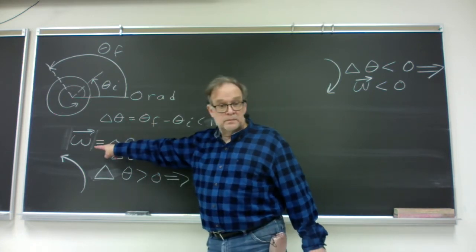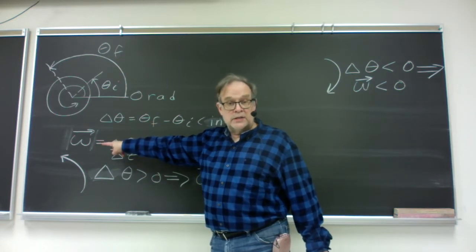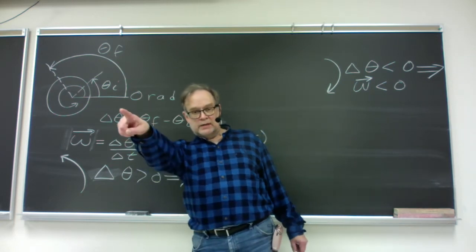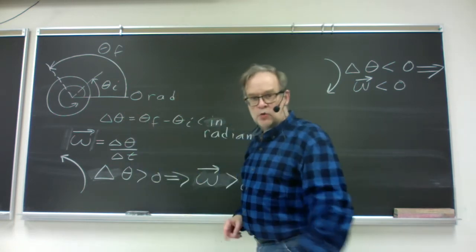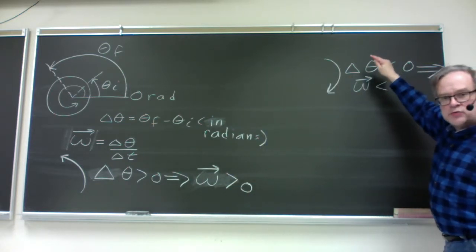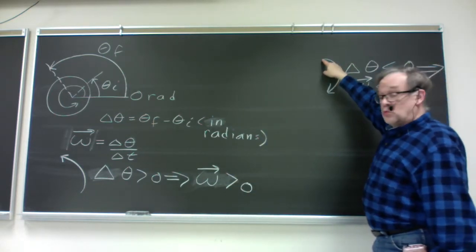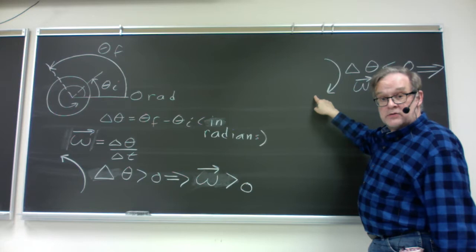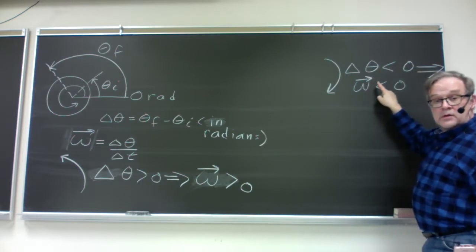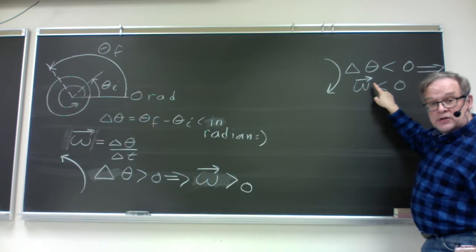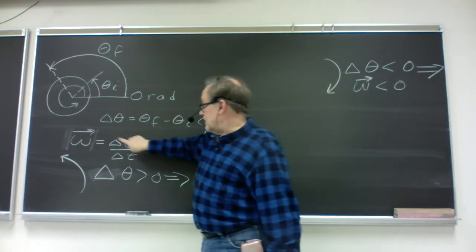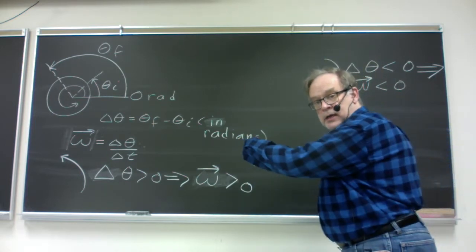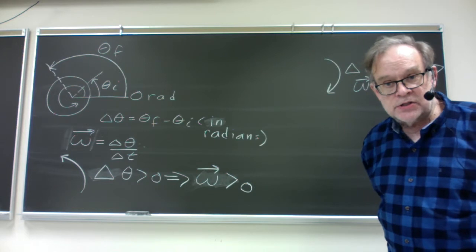So if that's positive, angular velocity is positive. Angular velocity points in the positive direction, which we're always going to define as this way. And then, other way around, if you have a clockwise rotation, that means you're starting at one angular location and moving towards a smaller or more negative angular location. So the change in angular location is negative. And so if that's negative, then angular velocity is negative, which will point that way along the axis of rotation.